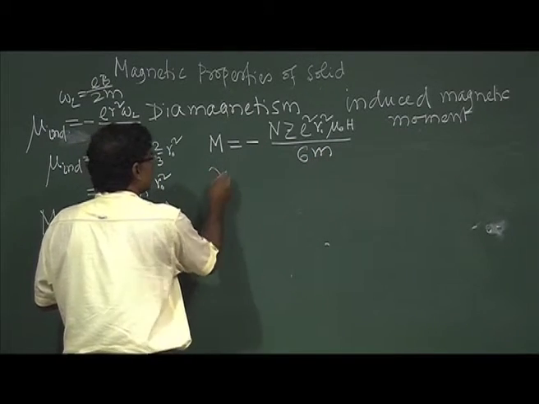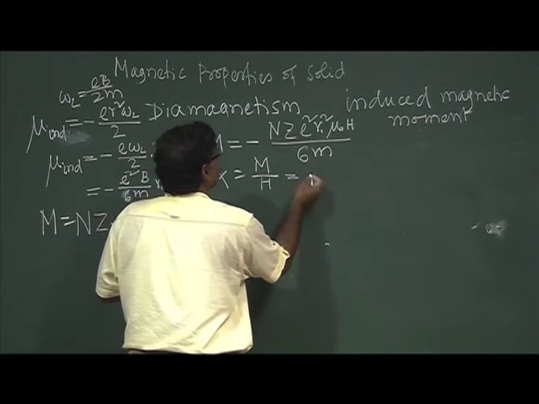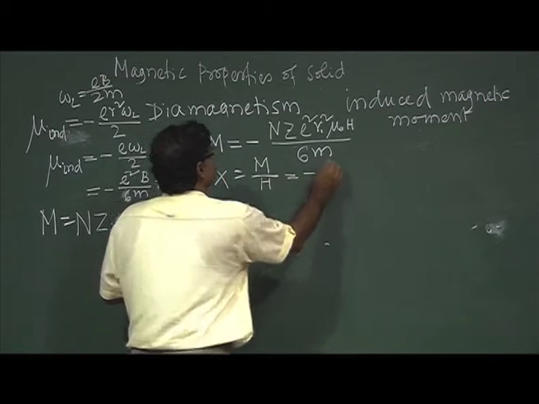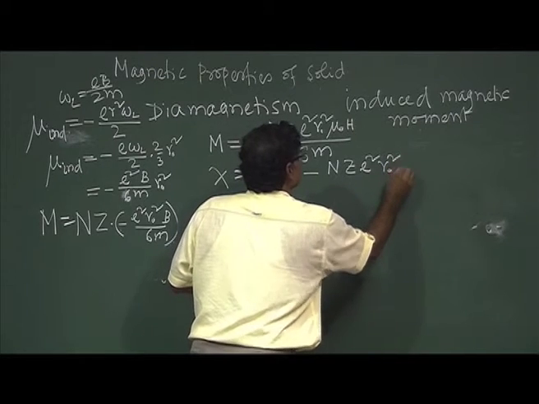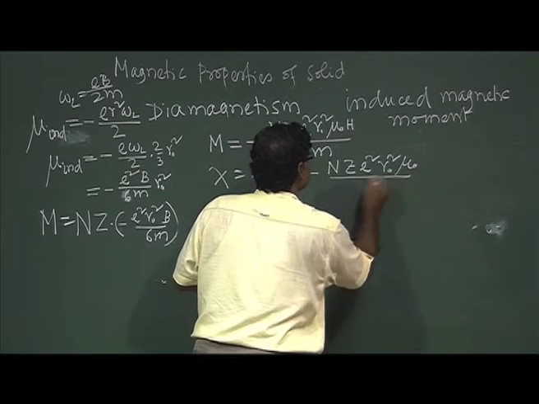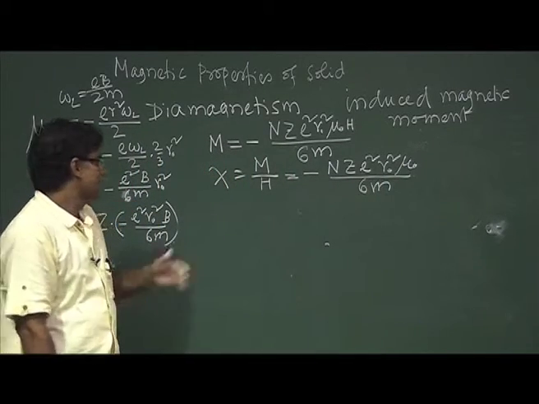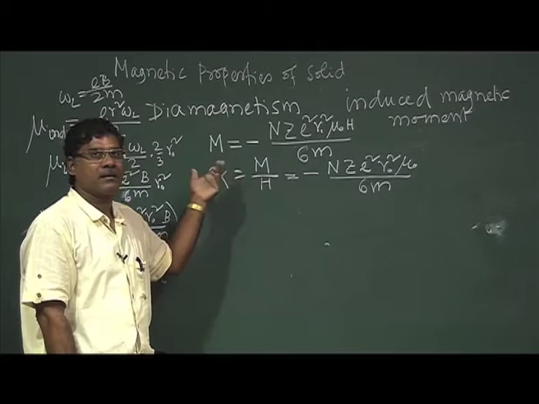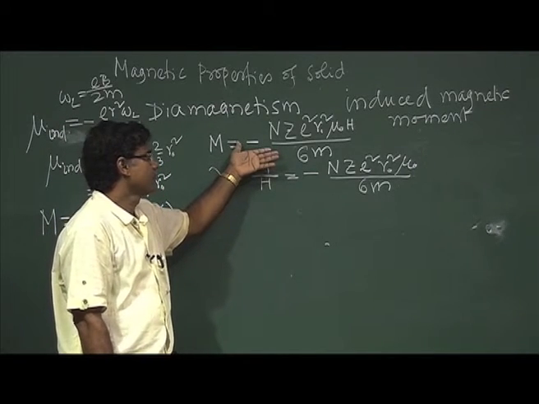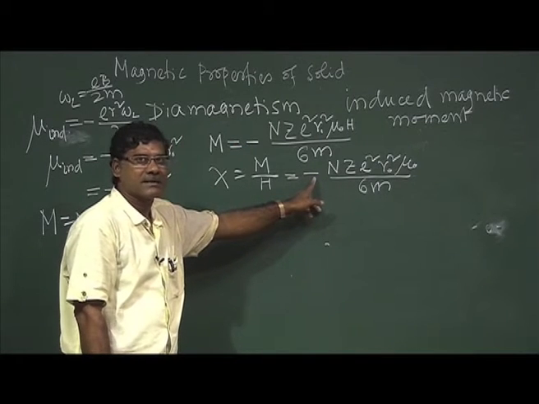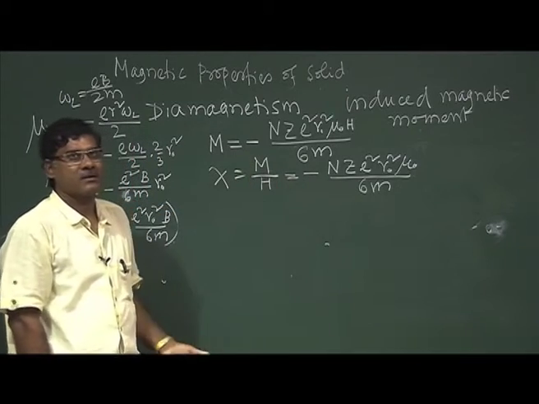So chi will be M by H, and that equals minus N Z e square R0 square mu 0 by 6m. This is the susceptibility of the material, and the susceptibility is negative, and that material is called diamagnetic material.